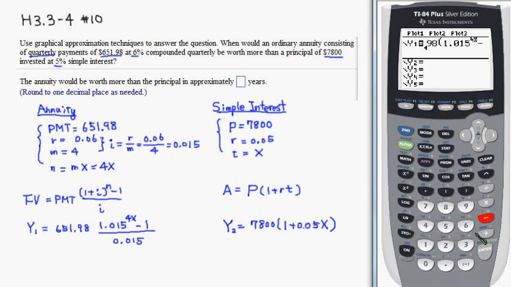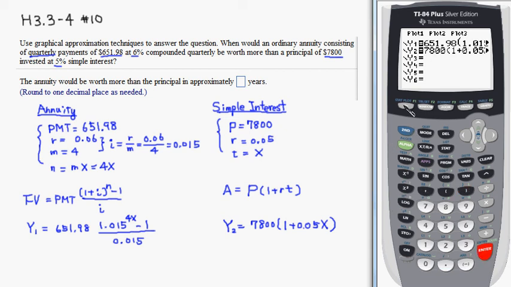Then close parenthesis, then divide by I, which is 0.015. Enter. So that's our Y1. Y2 would be 7,800, left parenthesis, 1 plus 0.05 x, then right parenthesis, and enter. Right, so we got that.